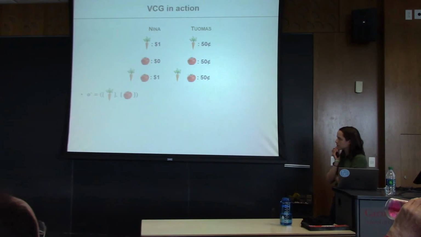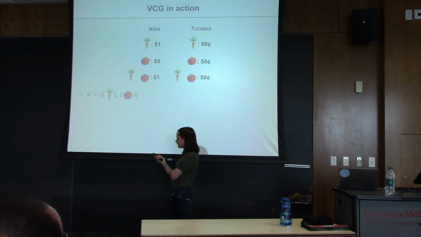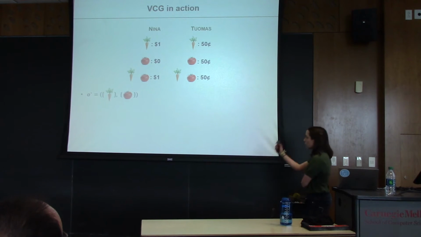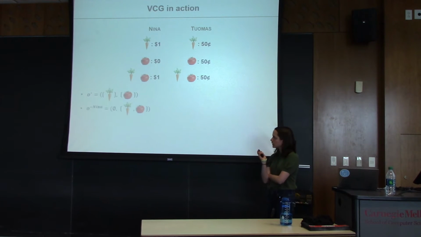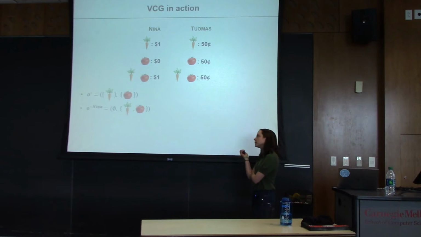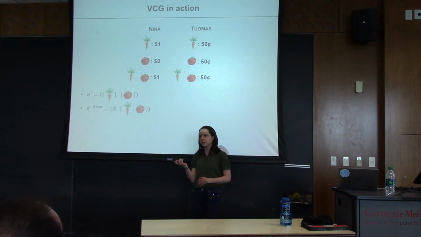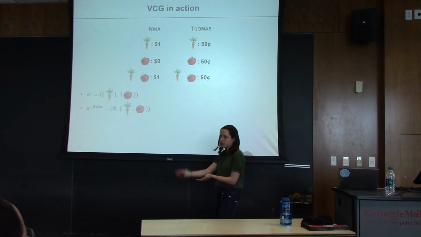So in this example, the social welfare maximizing allocation would be that Nina gets the carrot and Tuomas gets the tomato. That has a social welfare of 150. And the best outcome without Nina's participation in the auction is obviously that Tuomas would just get both items.